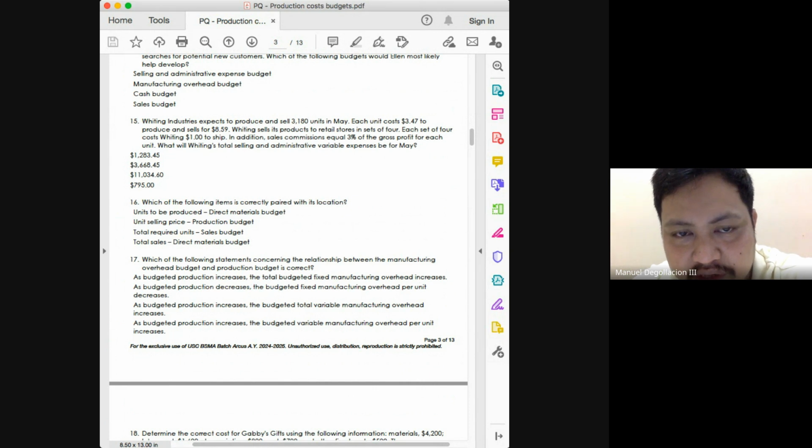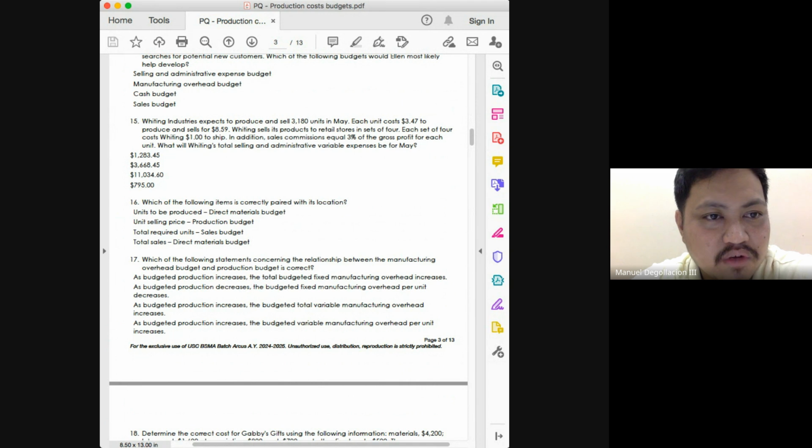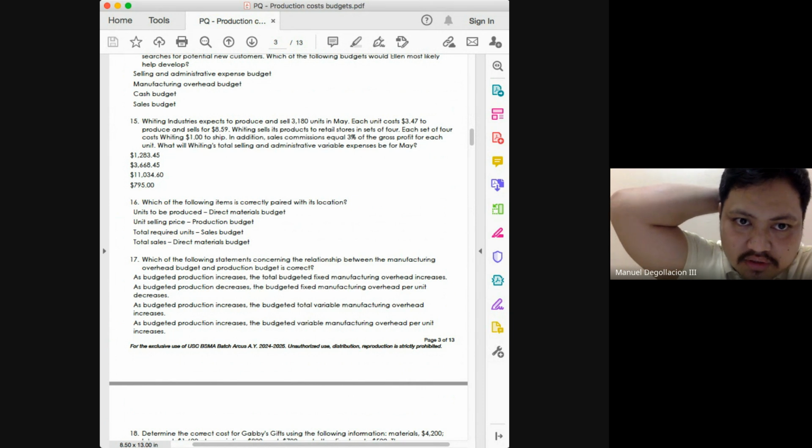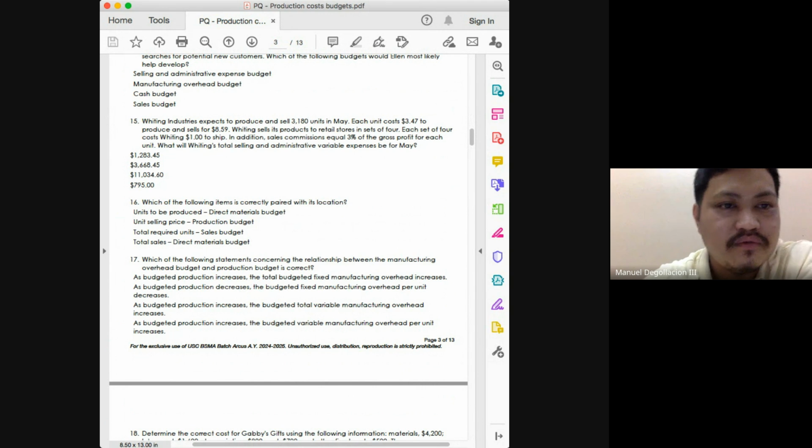Again, as I mentioned earlier, the 3.47 is the product cost, which would be used for getting your cost of goods sold, and then your 8.59 is the selling price, which will give us our sales. Okay. And then maybe students will also get this wrong because of the shipping cost. They might have failed to divide it by 4 since the $1 shipping cost is not on a per unit basis, it's for a set of 4. Okay.